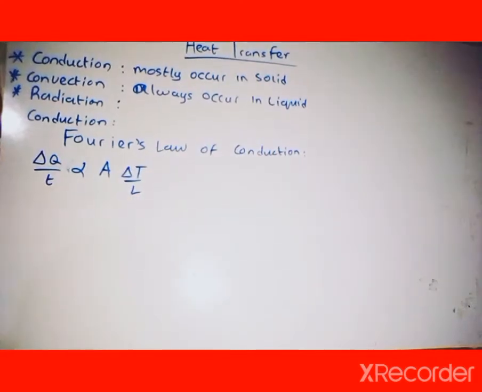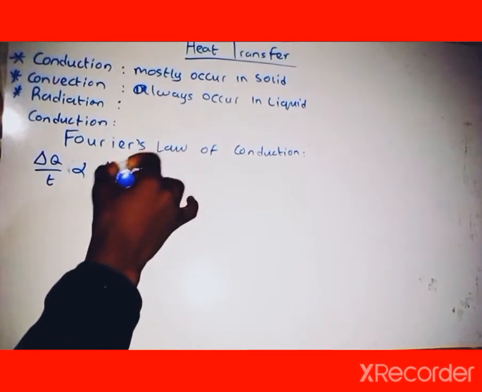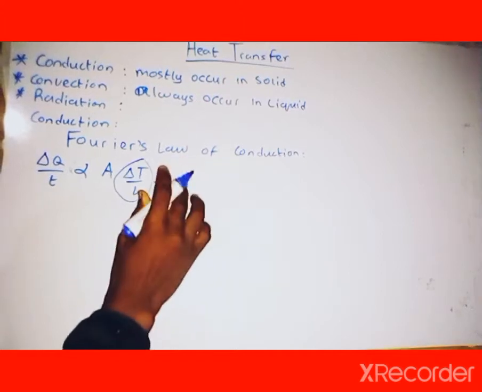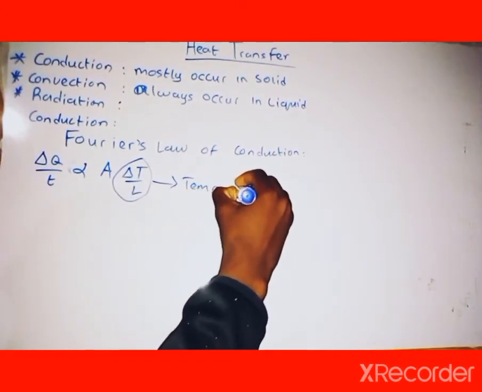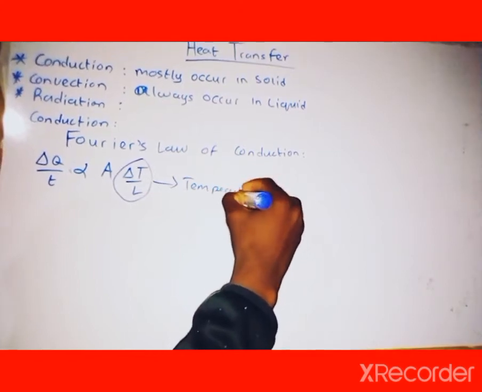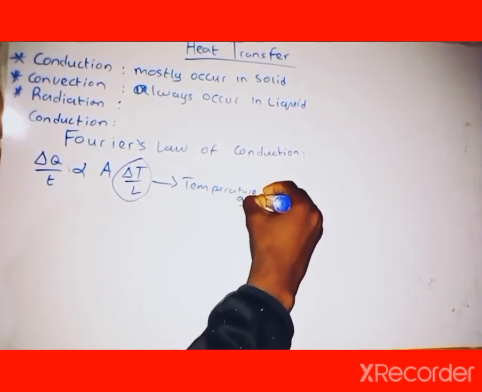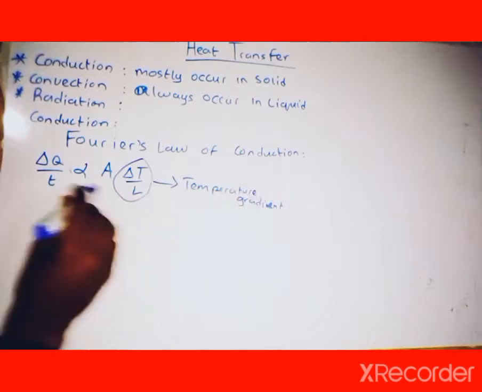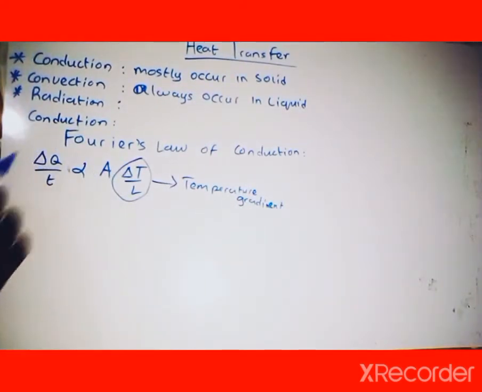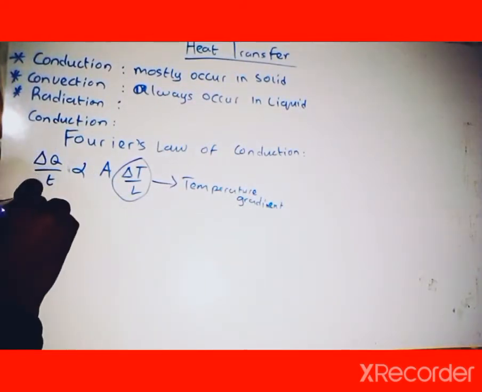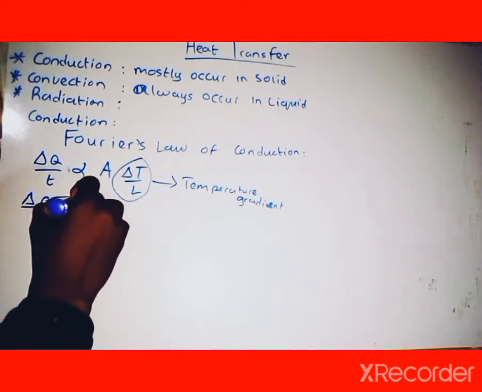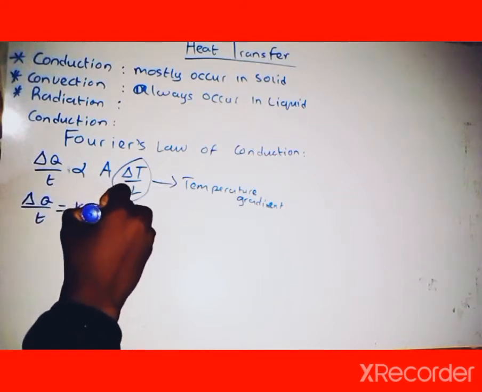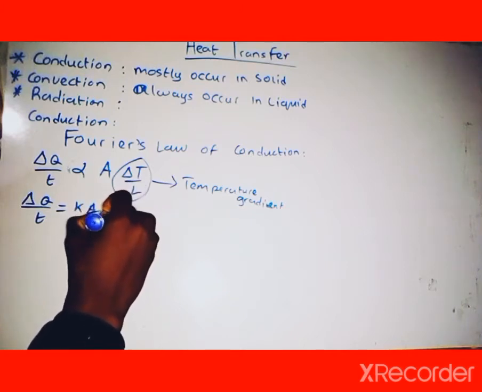So introducing a constant, we have change in Q over change in T equals K A change in T over L.